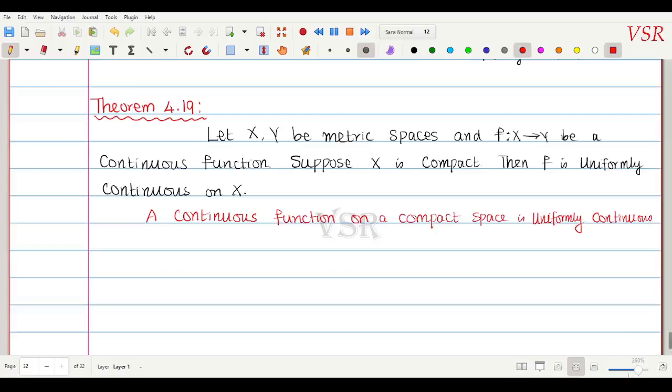Okay, these two are the same. I have written the elaborate version as one line: a continuous function on a compact space is always uniformly continuous. That is the theorem. Okay, so we'll go to the proof.